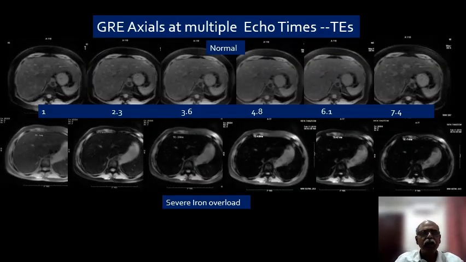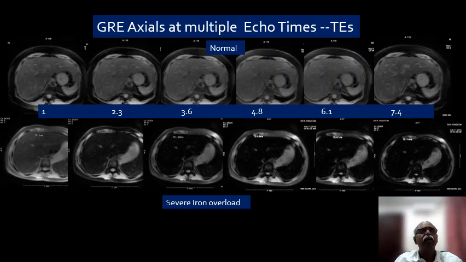You can see here that when you give multiple TEs, the role of MRI is giving multiple TEs at varying levels. Start at a TE of 1 millisecond, go up to 7.4 here. When you give multiple TEs in the liver, what happens is when there is excessive iron deposition, there will be very fast dephasing because of iron saturation. There will be very fast susceptibility effect on liver parenchyma, and the liver signal drops very fast.